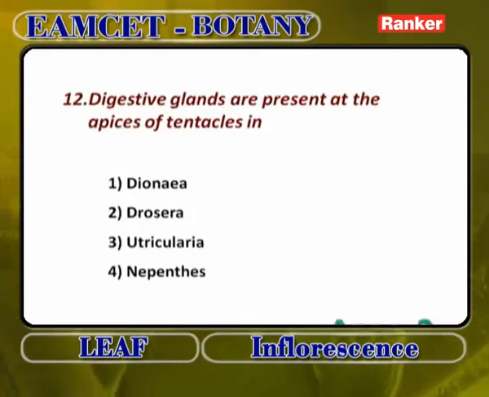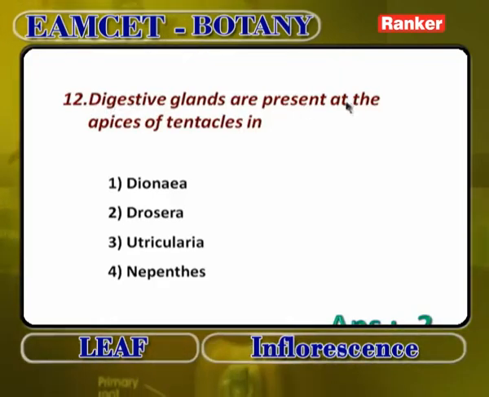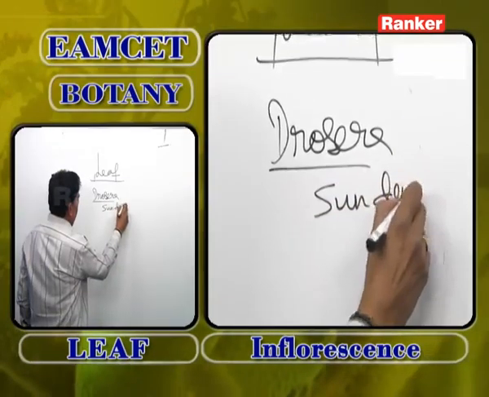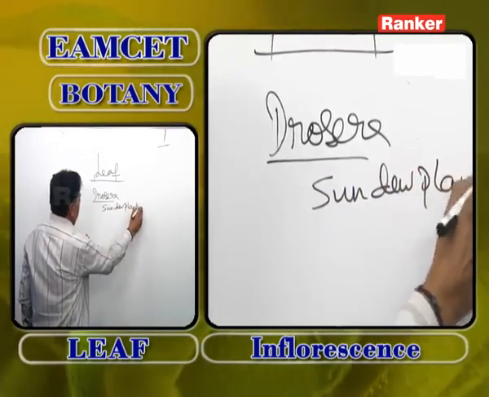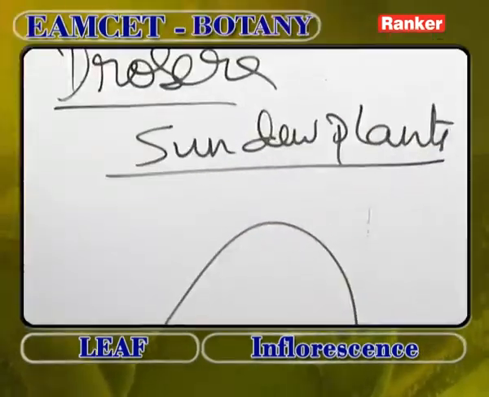Next, digestive glands are present at the apices of the tentacles in Drosera. Drosera is very popularly called sundew plant. In this sundew plant, the leaf is spatulate, meaning spoon-shaped.